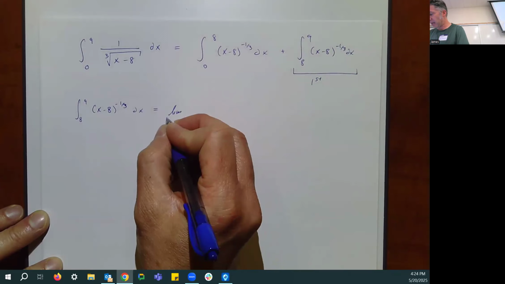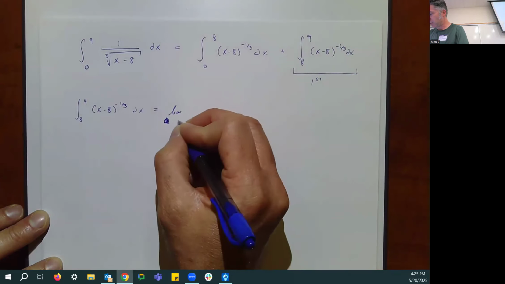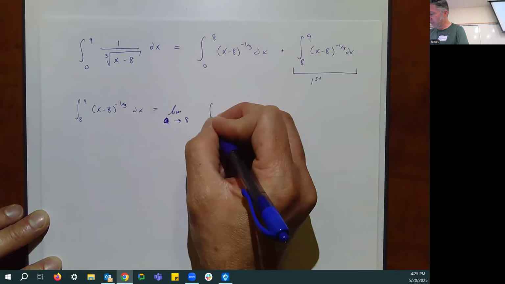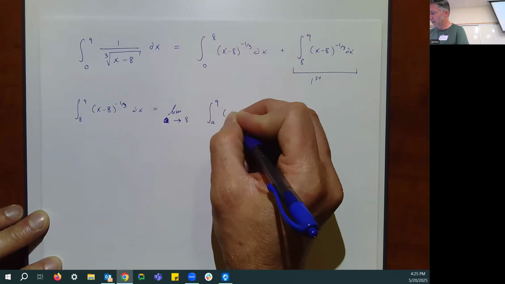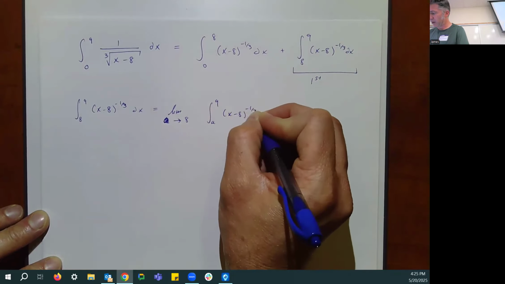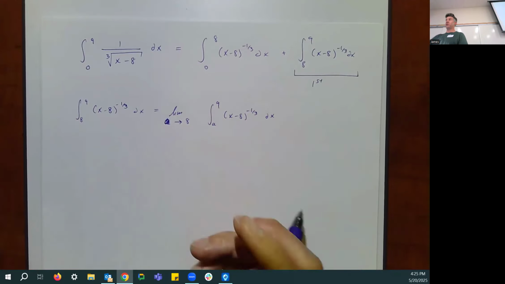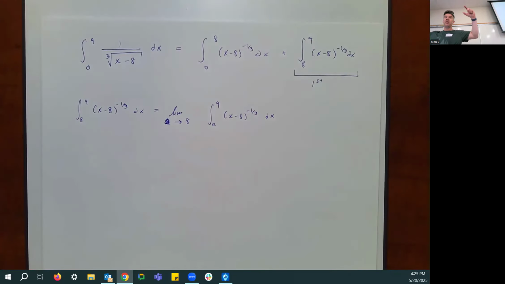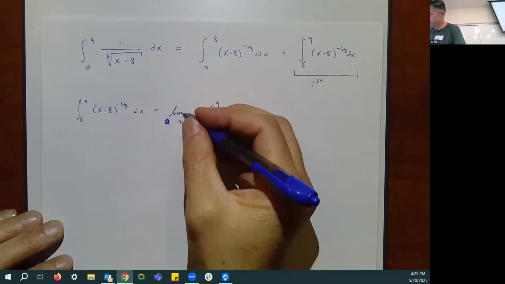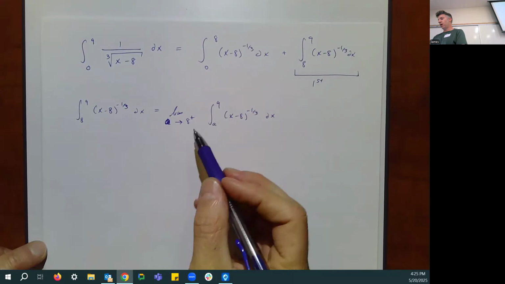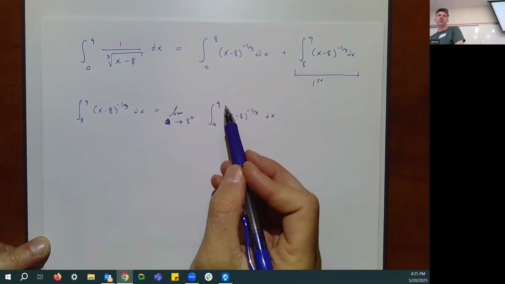So we're going to have the limit as a approaches 8 of the integral from a to 9 of x minus 8 to the negative 1/3 power. And since we're between 8 and 9, we're approaching 8 from the right-hand side. Basically, lower limits you always approach from the right, upper limits you always approach from the left.